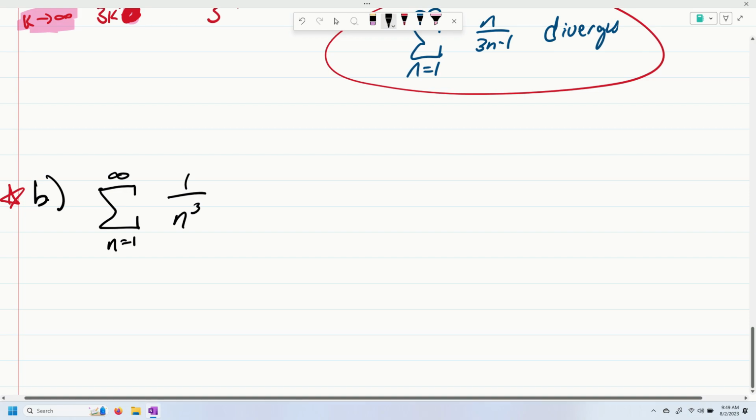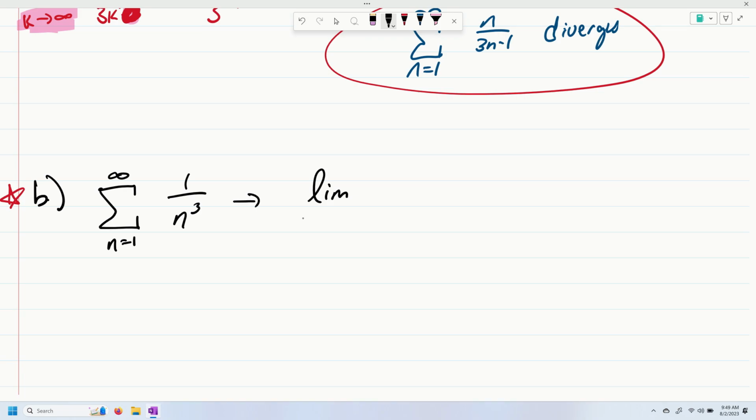All right. So once again, if we take the limit as n goes to infinity of 1 over n to the third, you basically have 1 divided by an enormous number, which is 0. So in this scenario, let me write this in red, because like I said, this one's very important.